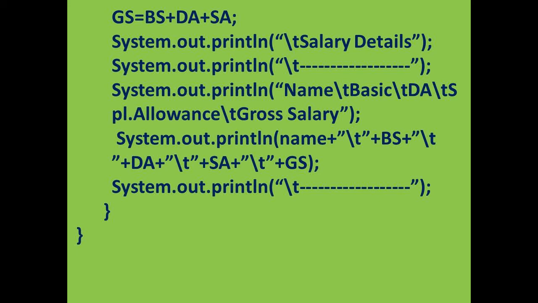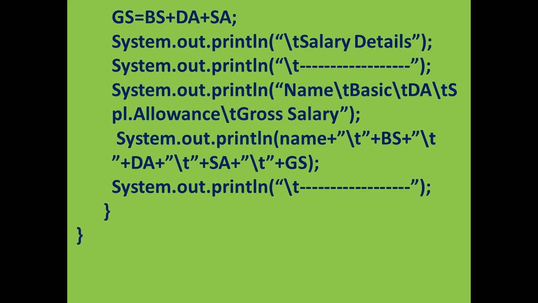Next we have to get the values of the variables mentioned. System.out.println, if you want the value of a particular variable, without inverted commas I have to give name. In that variable we stored the value. Plus, to get the space, within double inverted commas I have to give \t, because that is an escape sequence.